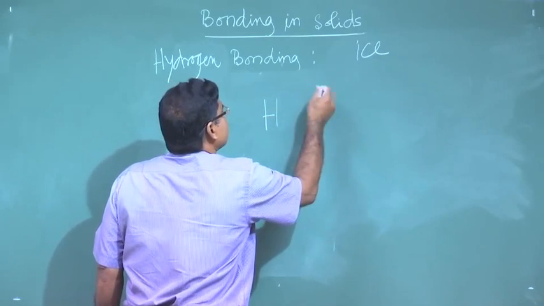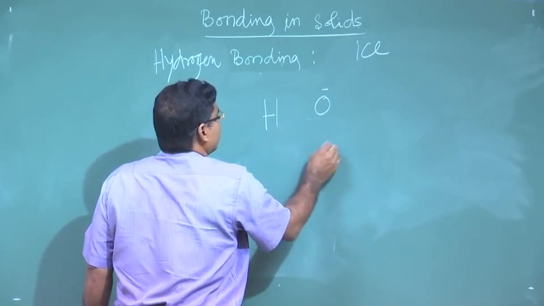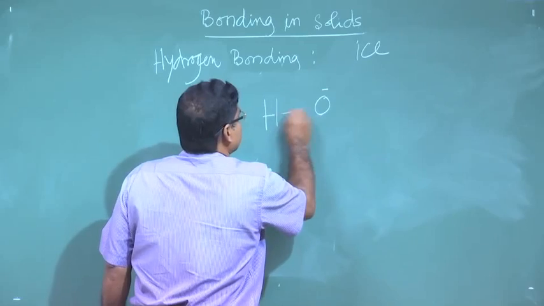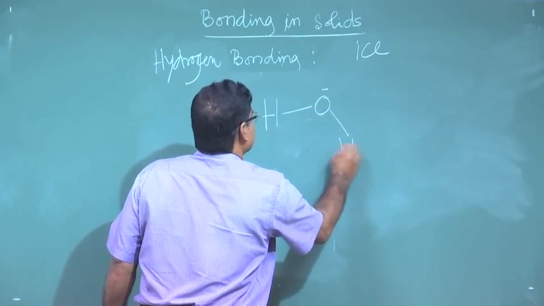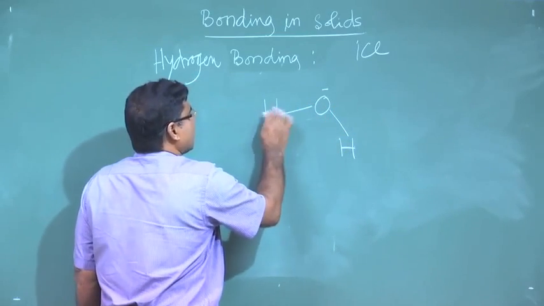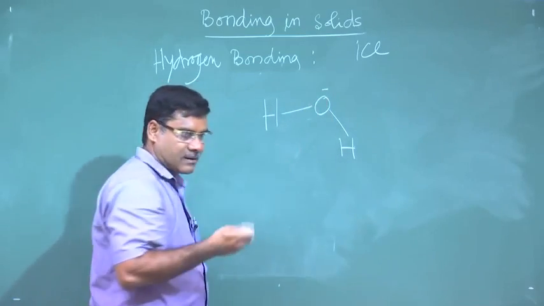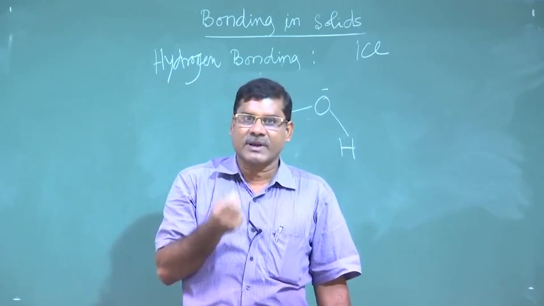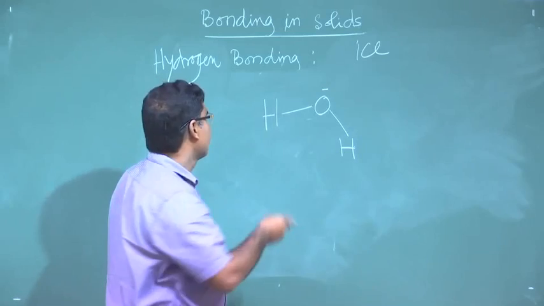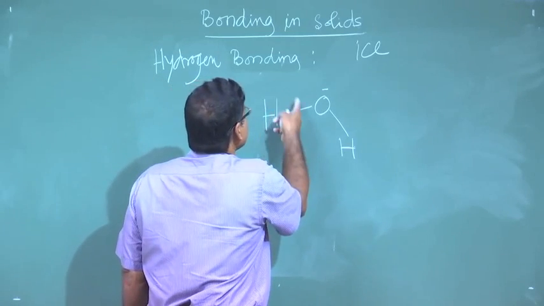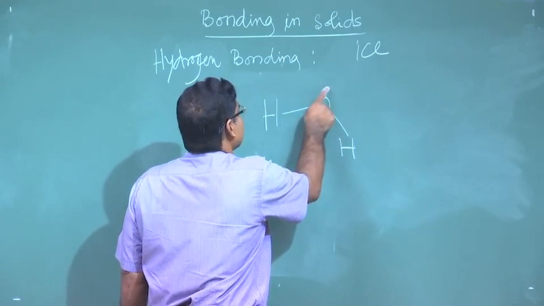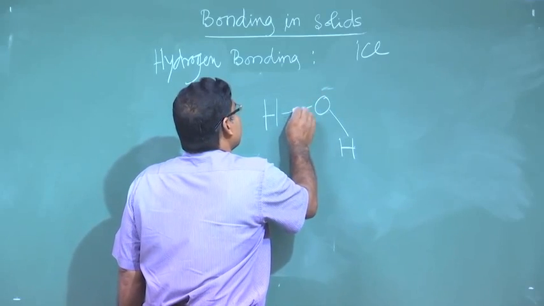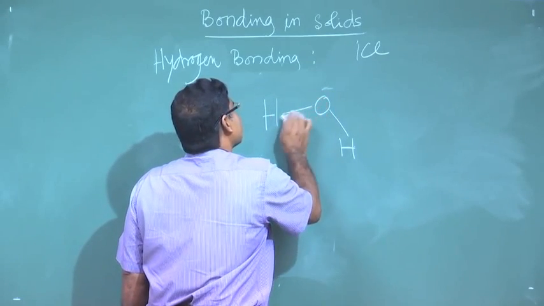So, oxygen and this. So, if oxygen gets 2 electrons, it will get a stable configuration, and if hydrogen leaves 1 electron, it will get a stable configuration.